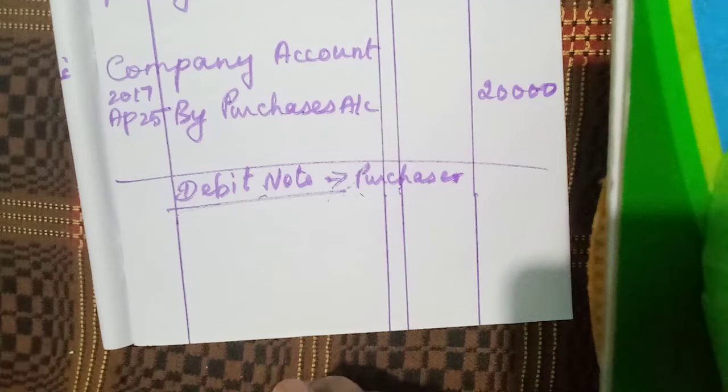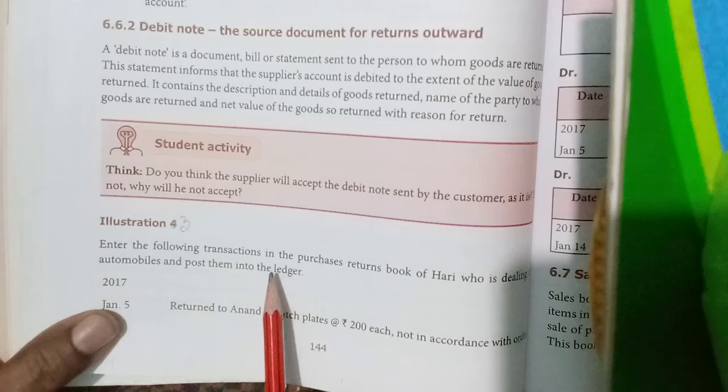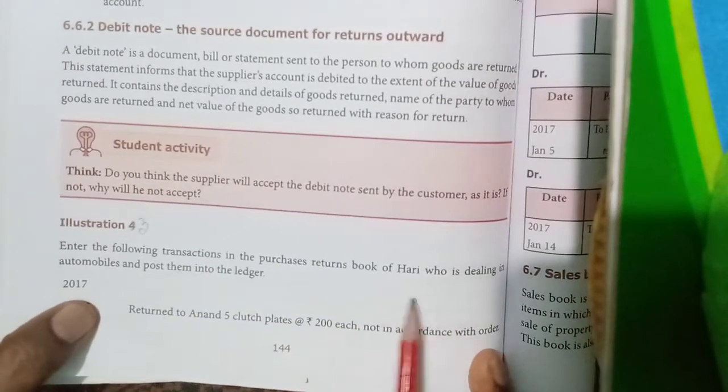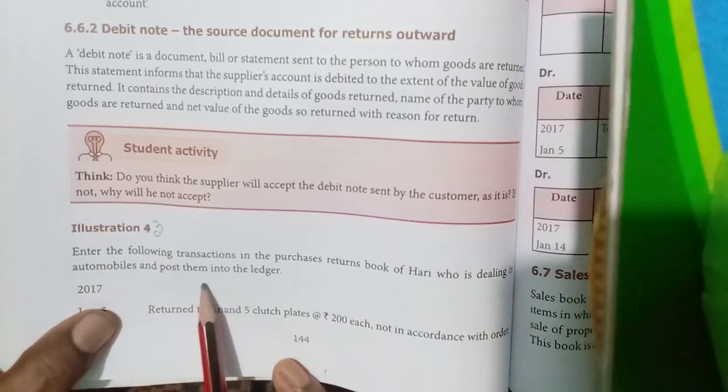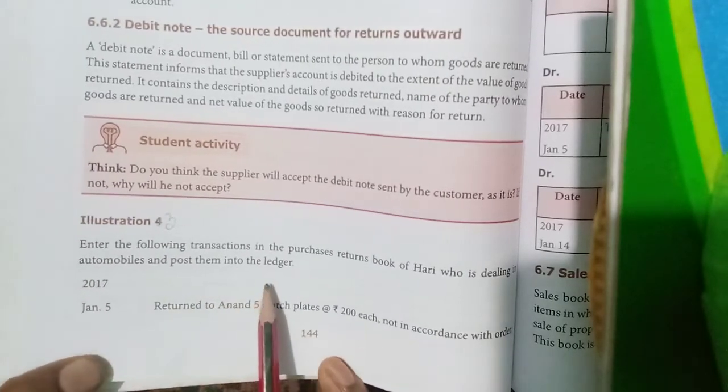Okay, now let us see one illustration. Illustration 3. Let me read it out. Enter the following transactions in the purchase returns book of Hari, who is dealing in automobiles, and post them into the ledger. Posting we know, isn't it, that we will do.